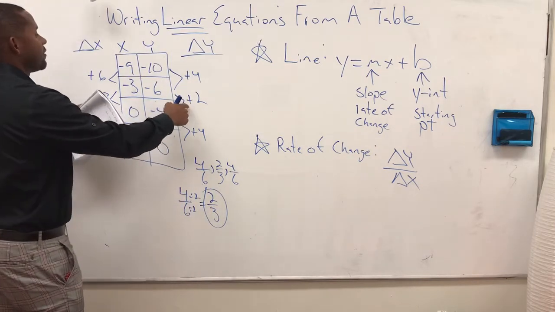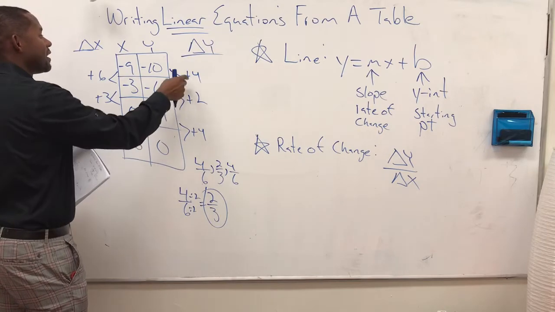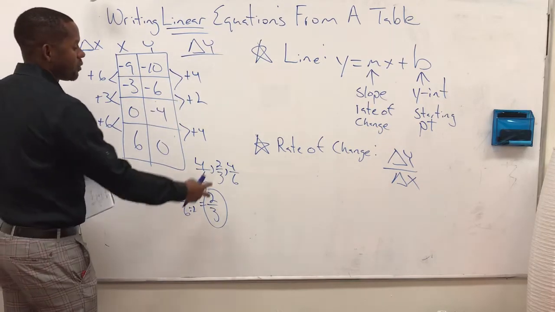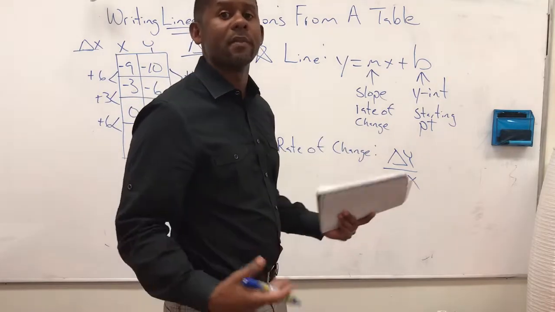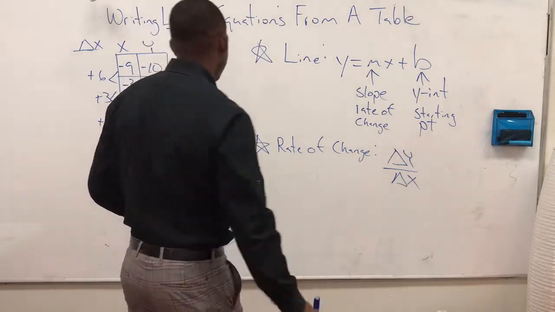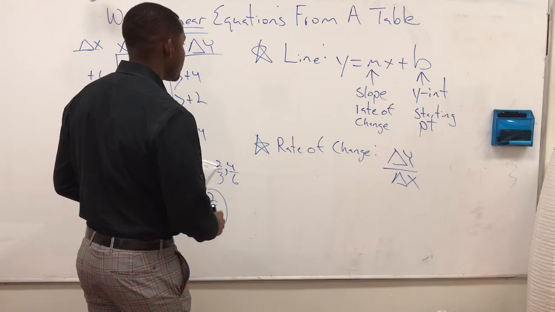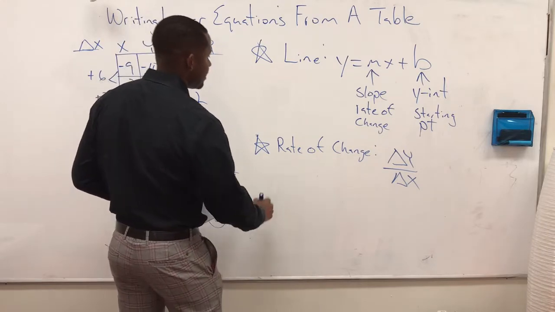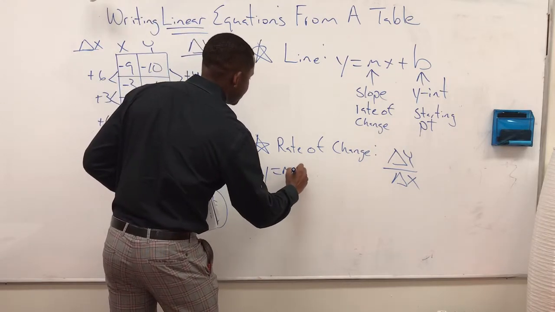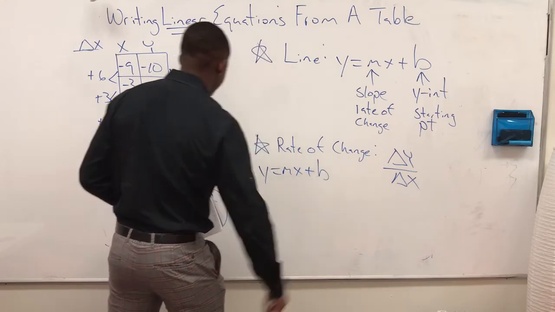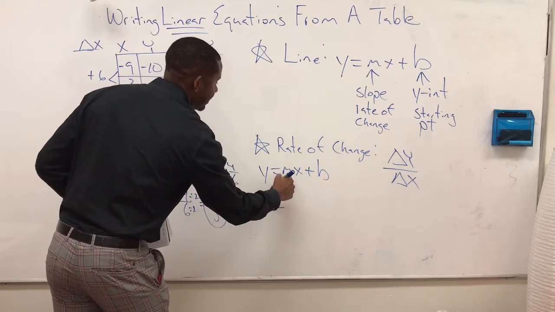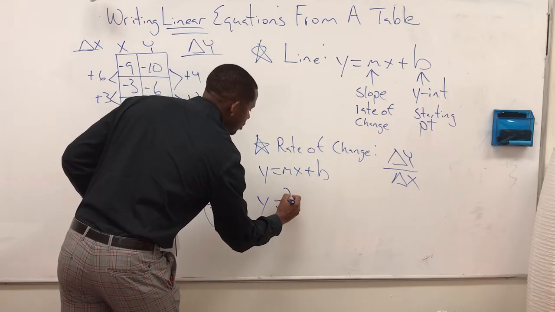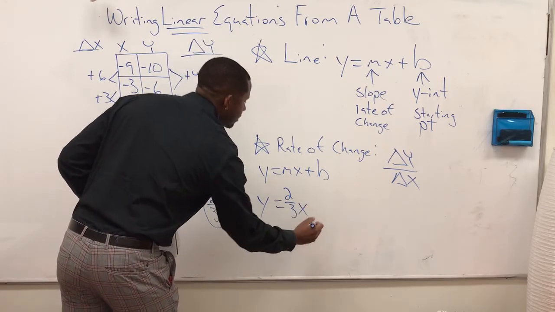So, though these are different intervals, they all have the same rate of change. Whether you call it 2/3 or 4/6, their rate of change is the same. I'm going to call it 2/3. So far, in this equation y equals mx plus b, the first thing I need to know, m, my slope, is 2/3.